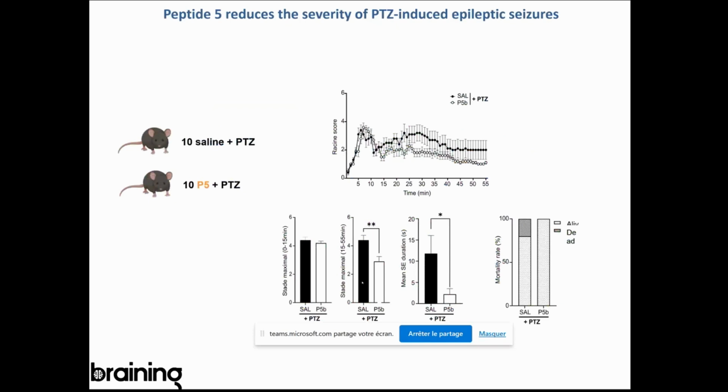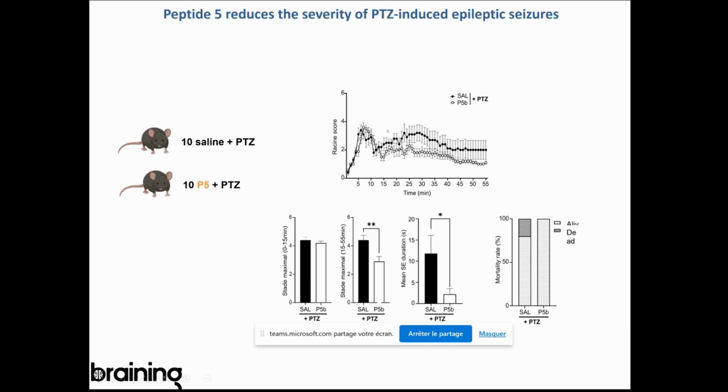And the last thing Erwan and Celia, a postdoc in the lab, did is to use this peptide in vivo, because the idea is to develop these tools to prevent KCC2 internalization and therefore GABA depolarization and excitatory hyperactivity in the brain.